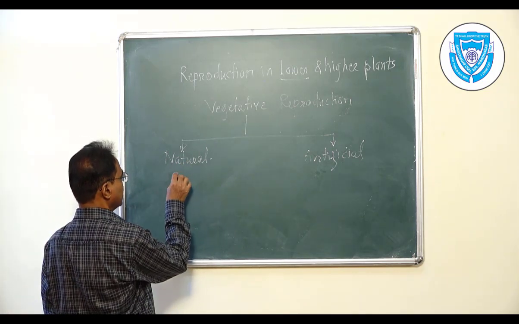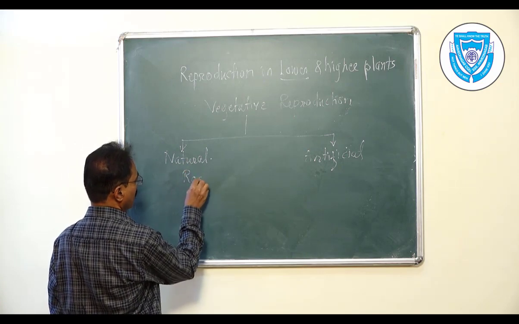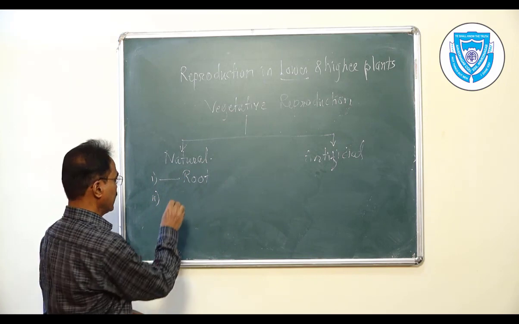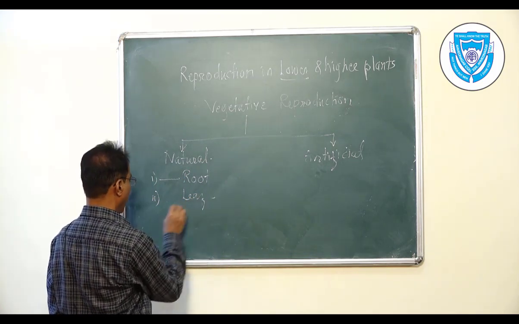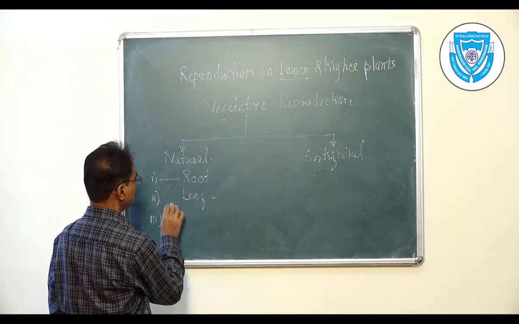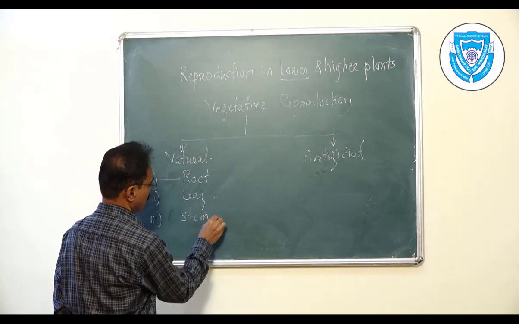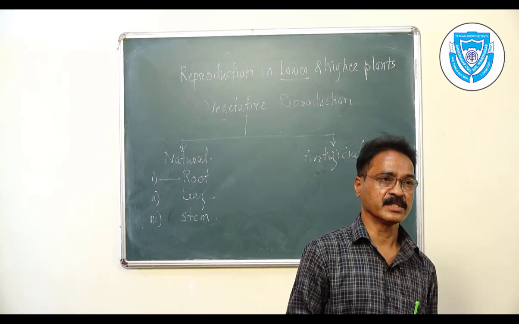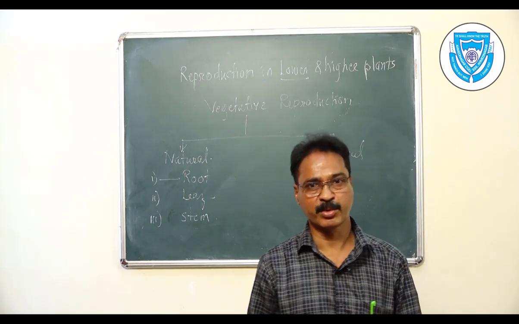So first one, natural. As I told before, plants have different parts. The first one is the root, second is the leaf, and third one is the stem. All these are the vegetative parts, and by using these vegetative parts, the plant reproduces.